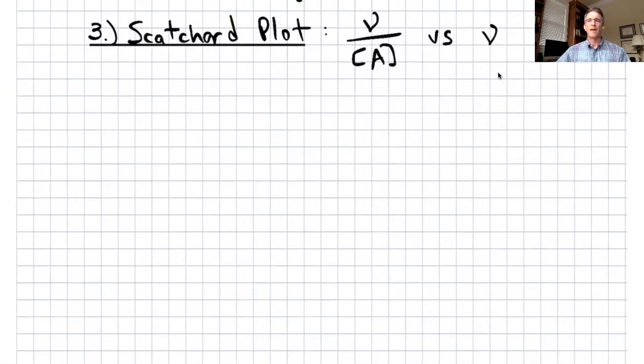Well, the Scatchard plot fits into a general theme of plots of all kinds of chemical, biochemical, physical data that rely upon transforming data into a model that is a straight line.